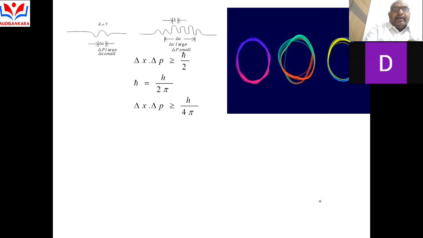If the wave packet is small, delta x is small and delta p is large. But if delta x is large and delta p is small, the position cannot be found accurately.